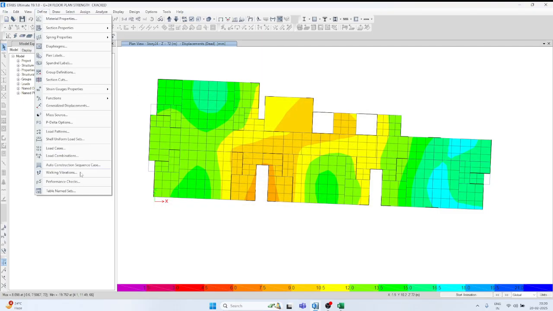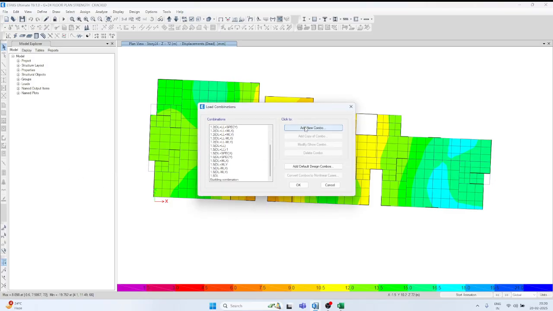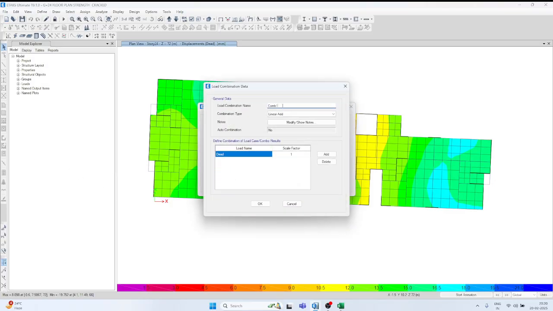Just go to Define, go to Load Combinations, click Add New Combo, and here buckling 1, and the combination type is Envelope. It is very necessary, don't forget to do this, because some people don't provide Envelope. Envelope means that it is a superimposed effect.